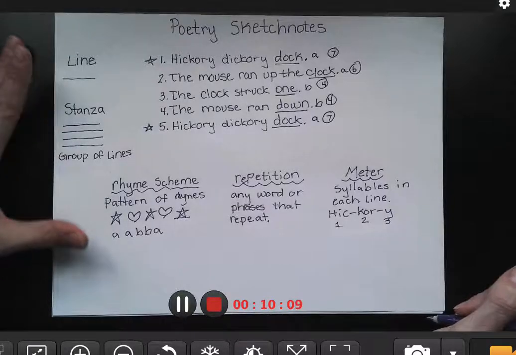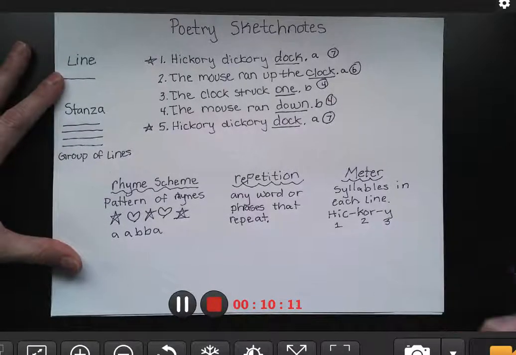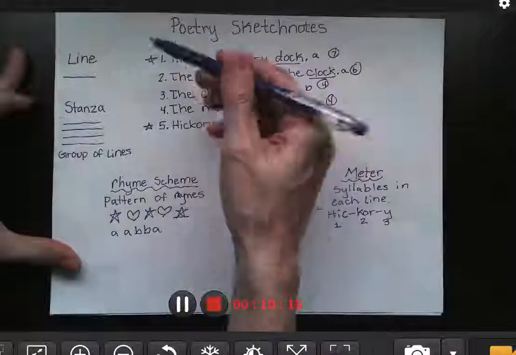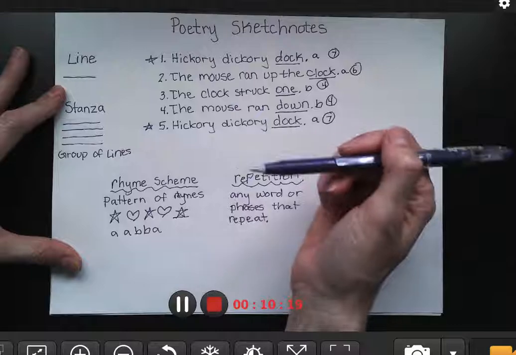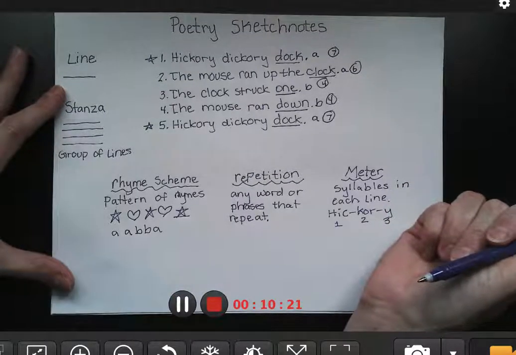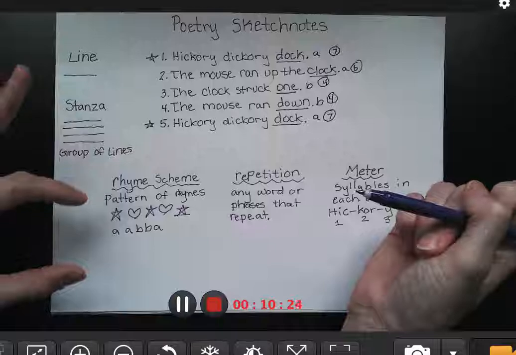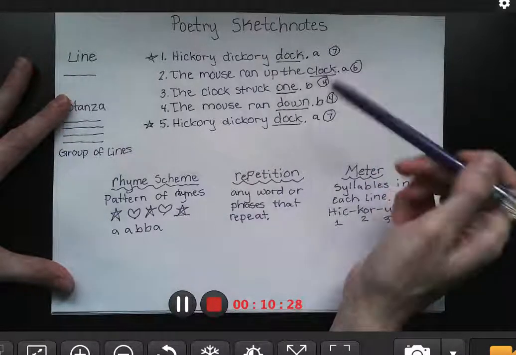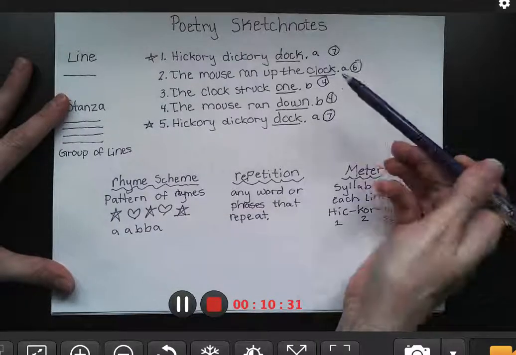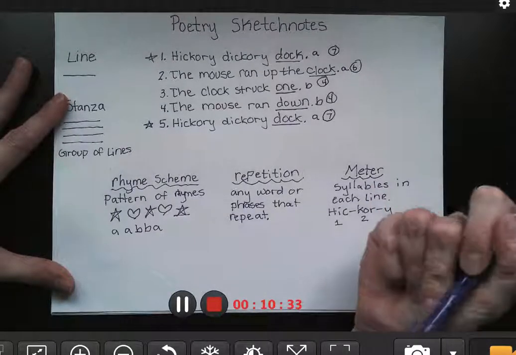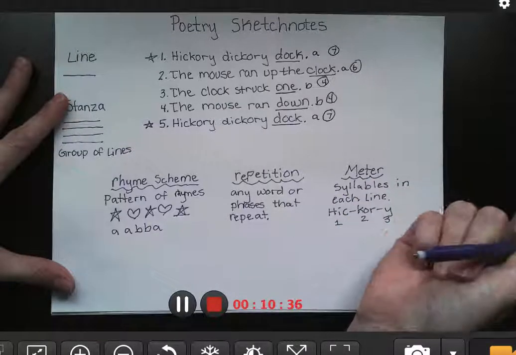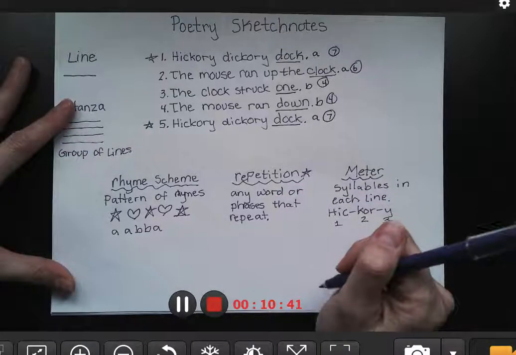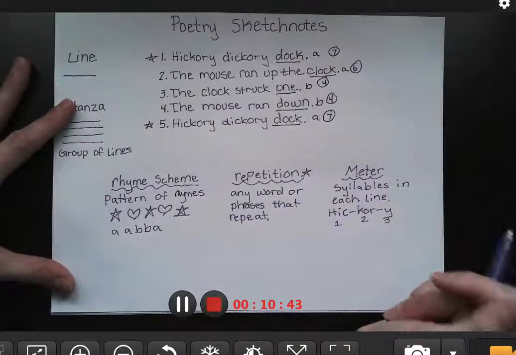So we know now that a line is one row of words in a poem. A stanza is a group of lines in a poem, kind of like a paragraph, isn't it? A rhyme scheme is the pattern of words that rhyme, and I like to label it with letters A, B, B, A. And then repetition is any groups of words that are repeated reoccurringly throughout your poem.